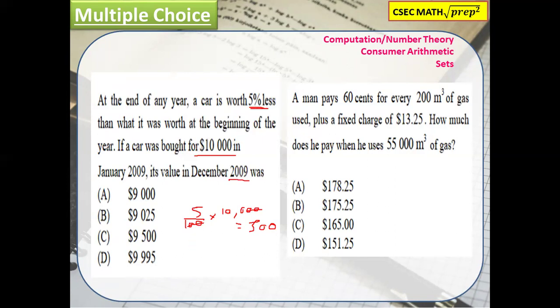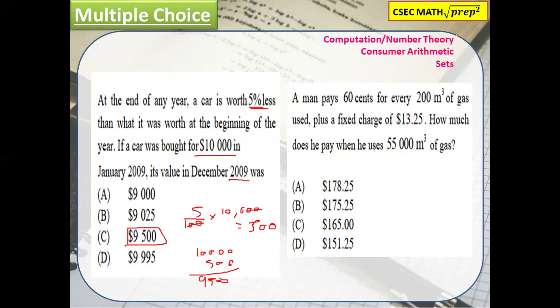So it's 10,000, right? Minus 500. And our answer is 9,500. That is C for our answer.